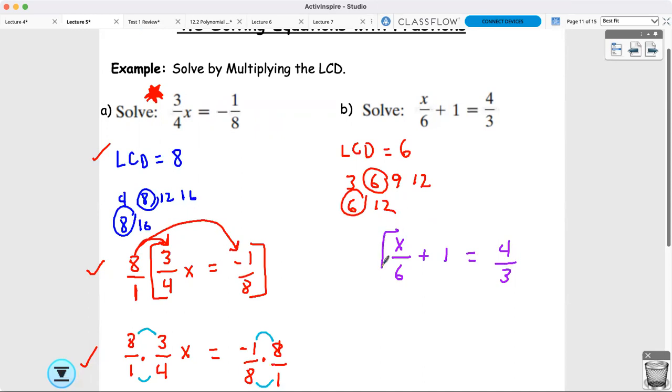I'm going to draw brackets around this equation. And I'm going to put a 6 on the outside. How many arrows, guys, am I going to be drawing to show distribution of the 6 of the LCD?